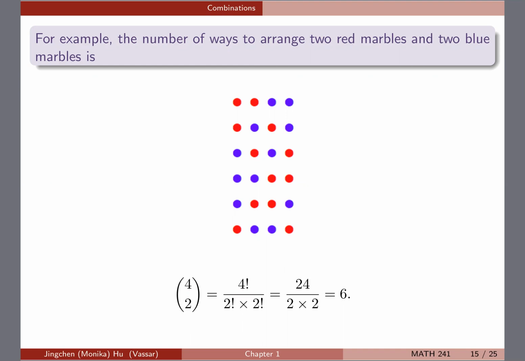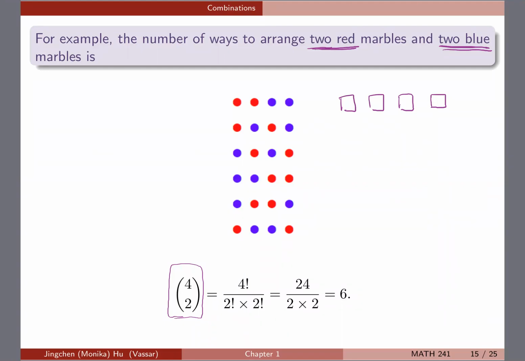You might be wondering why we're using any kind of choose function or combinations here. Because you're trying to arrange 2 red marbles and 2 blue marbles, you can think about putting 4 marbles into a row, like a sequence of 4 different positions. In short, I'm really just trying to find how I can choose 2 positions out of these 4 for the 2 red marbles. And once you have chosen those 2 locations, the other 2 positions are left for the blue marbles.